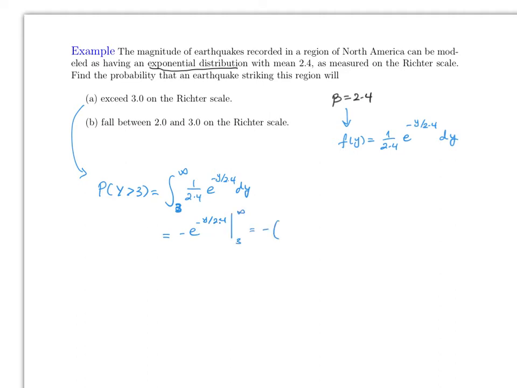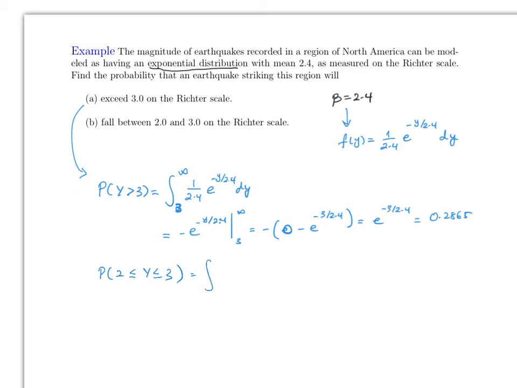So this will be minus e to the minus infinity, which will give you 0, and then minus minus e to the minus 3 over 2.4, which is just e to the minus 3 over 2.4, which is around 0.2865.